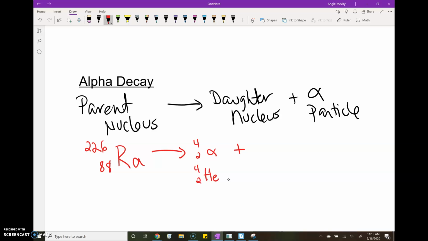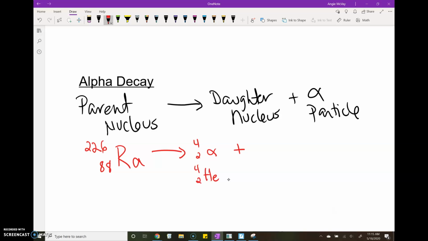Okay, we're conserving the number of nucleons in these equations. So if you started out with 226 nucleons and decayed into something that had 4, then the number of nucleons that are left over have to help define what material the daughter nucleus is.